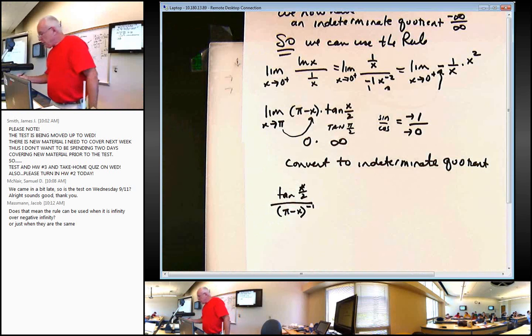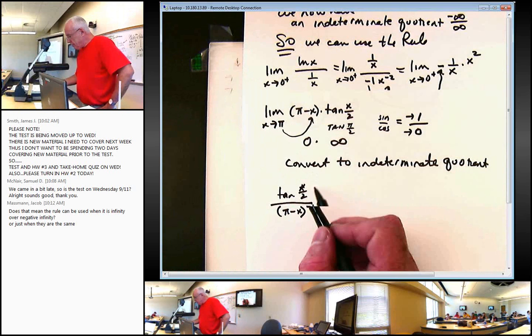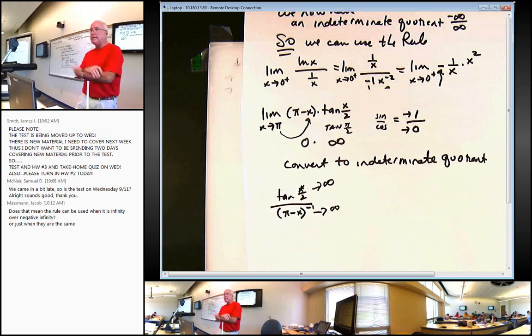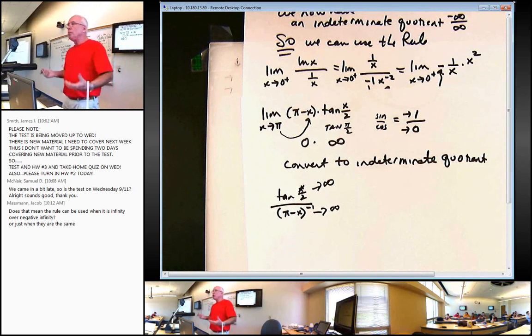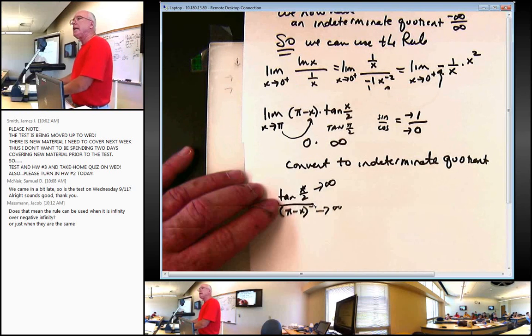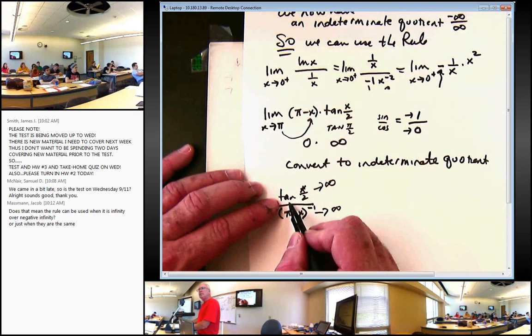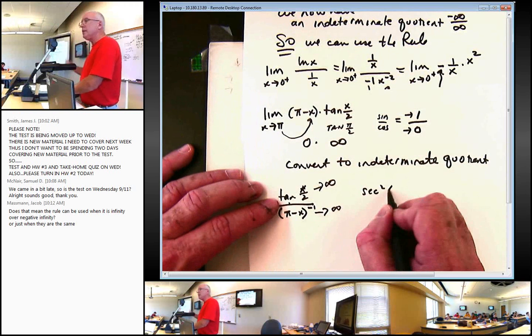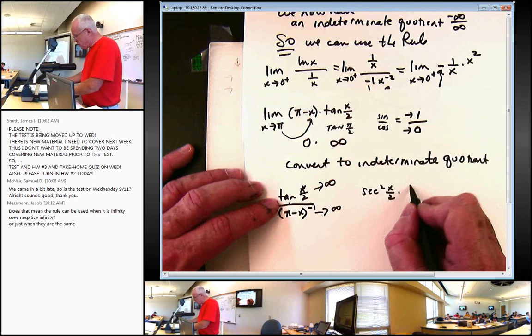Okay, so this certainly goes to infinity. And this will actually also go to infinity as x goes to pi. So we could apply the rule, but it'll be a mess when we try to apply the rule. The derivative of the tangent is the secant squared of x over 2, and then we do the chain rule times 1/2.